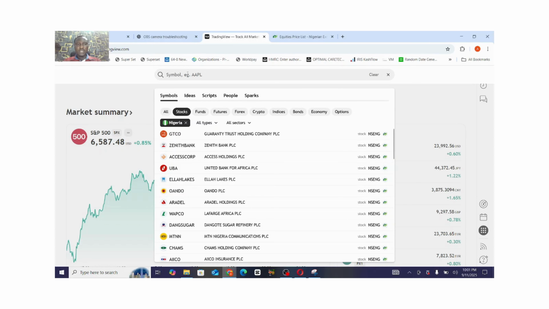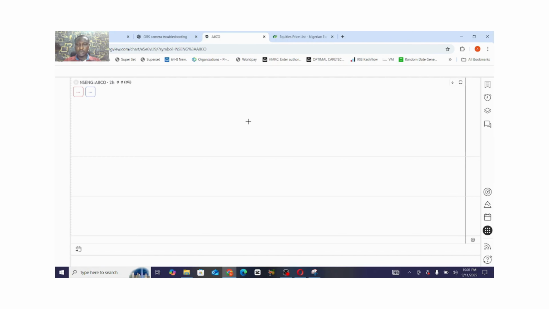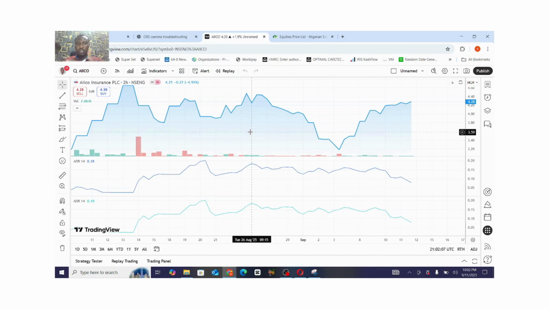The first stock I want to select is AIICO Insurance Plc, right? So it's coming up. So this is AIICO Insurance Plc. When you get to TradingView here, you can select the indicators you want.